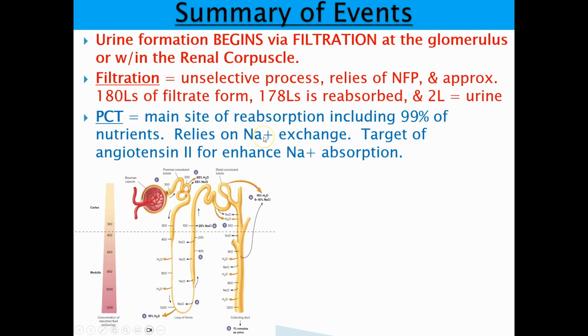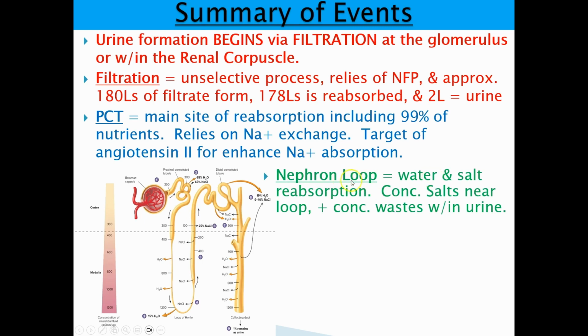As salts build up, that causes the movement of water by osmosis, and then after osmosis, it's passive flow of ions. That's the detailed side of things. But if you just focus on this bullet point, you're probably good. Notice angiotensin 2 helps with the enhancement of sodium absorption there. All right, so that's the PCT. Main site of reabsorption, most of our good stuff, relies on sodium exchange and angiotensin 2.